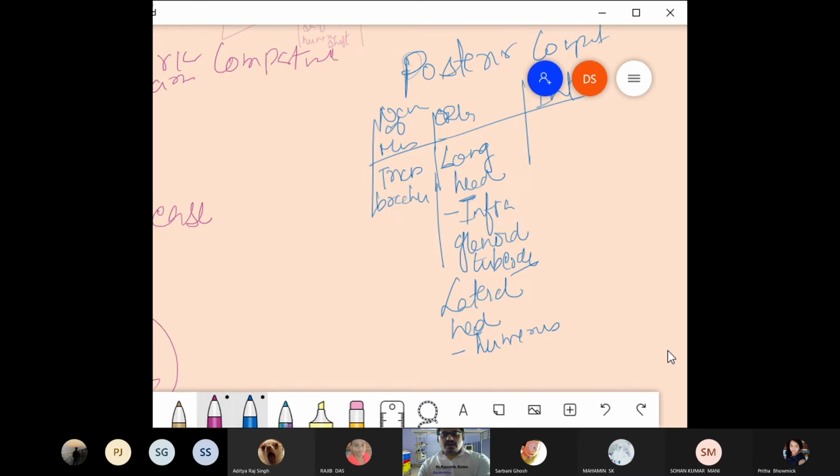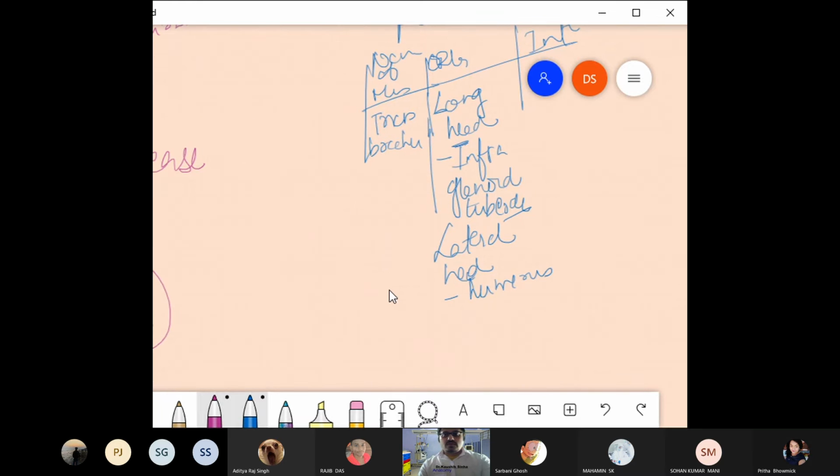Superior to the radial groove. Superior to the radial groove. That is the lateral head.